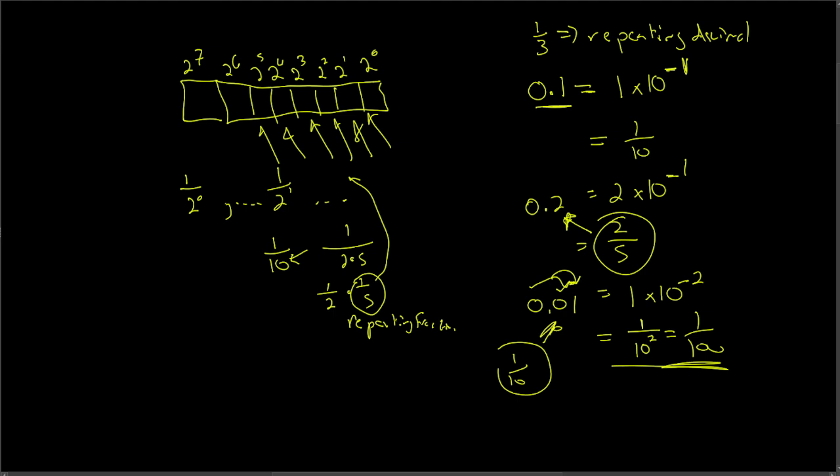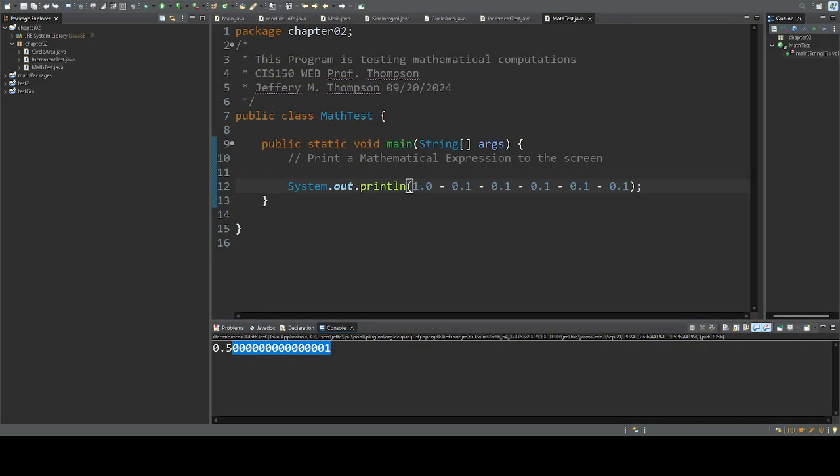And I'm oversimplifying. The chips have good algorithms to deal with this, but as you can see, just subtracting 0.1 from 1, we get an answer where the rounding that is done by the computer to take care of this translation from base 10 into binary causes what's going to be called machine error.